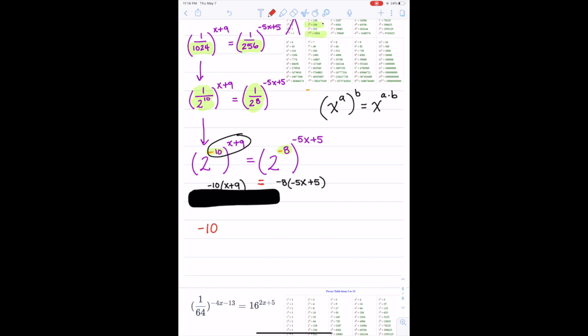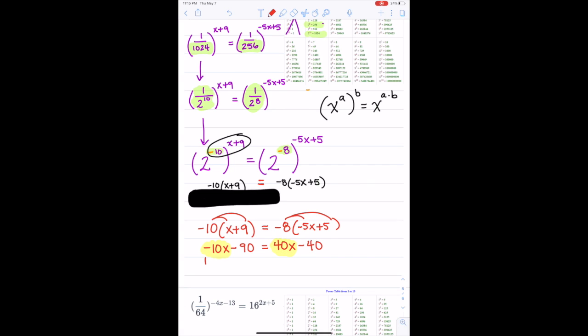Negative 10 times x plus 9 is equal to negative 8 times negative 5x plus 5. If I distribute, I'll get negative 10x minus 90 is equal to 40x minus 40. And then same process as before. I see these are like terms right here.